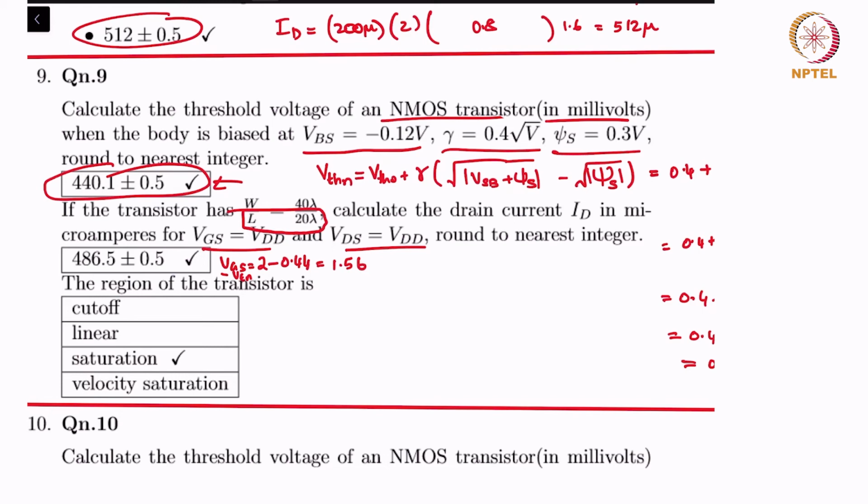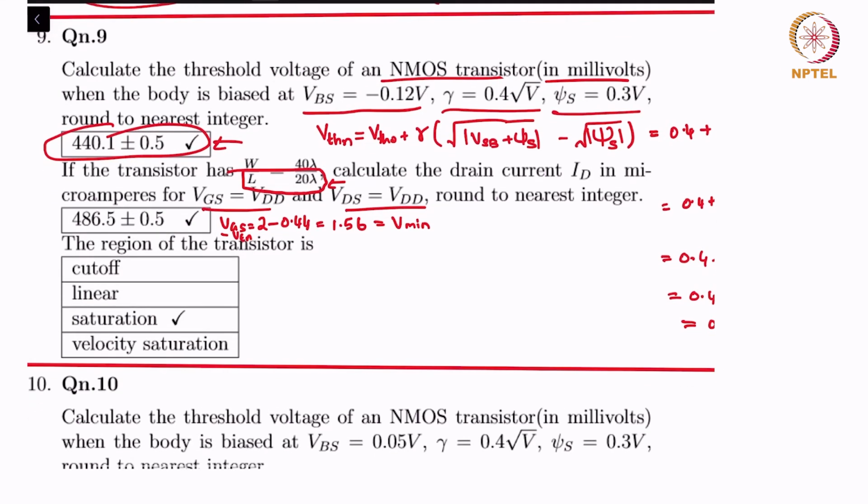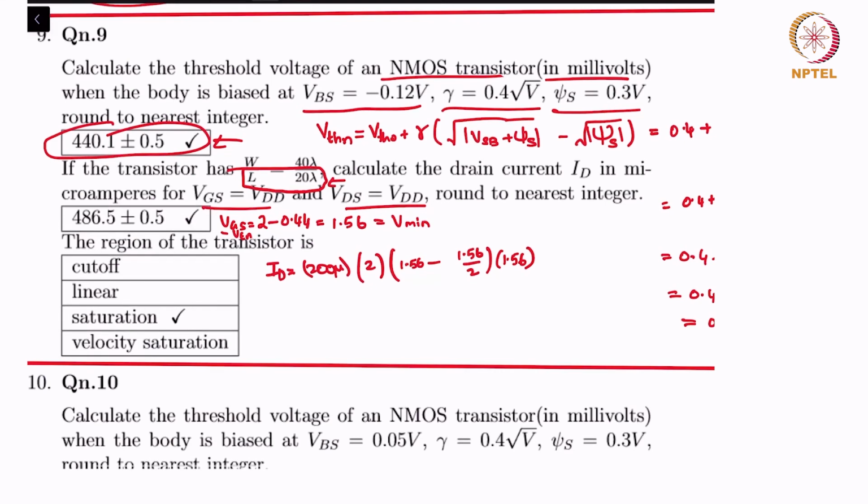And since this is less than the drain voltage of 2 volt, VDS of 2 volt, this is going to be equal to Vmin, and we've not taken VDSAT because it's a long channel transistor. So ID is equal to mu n Cox W by L into Vgs minus Vt minus Vmin by 2 times Vmin, and we've not taken the 1 plus lambda VDS because it's a long channel transistor, so lambda is equal to 0.